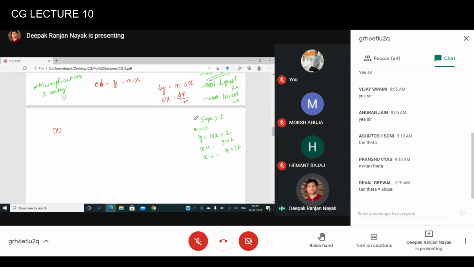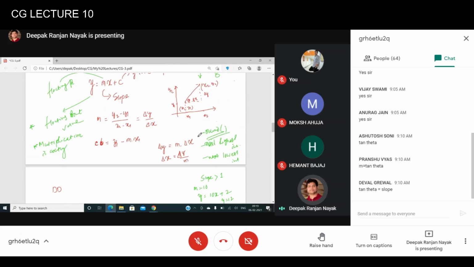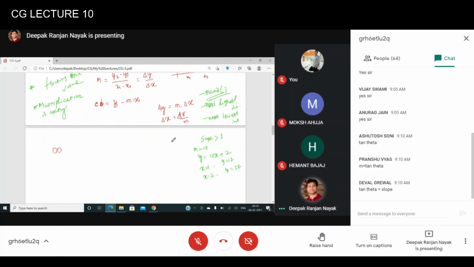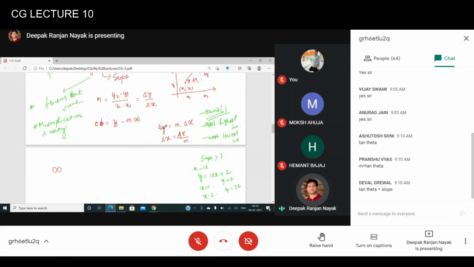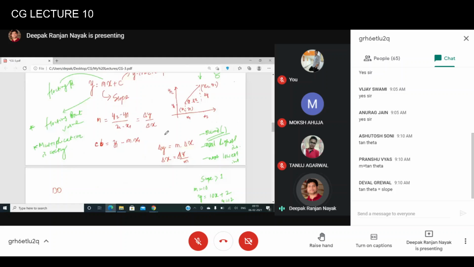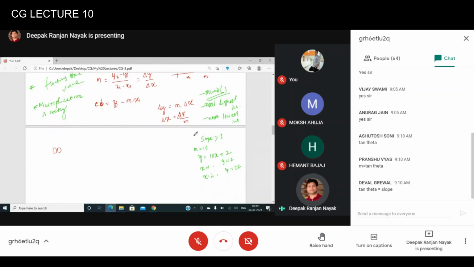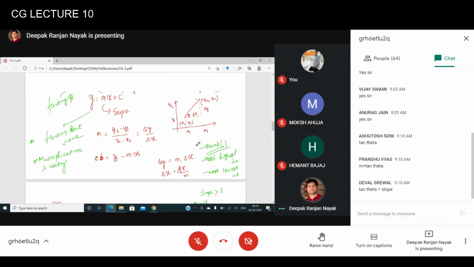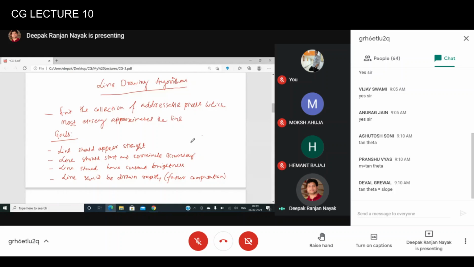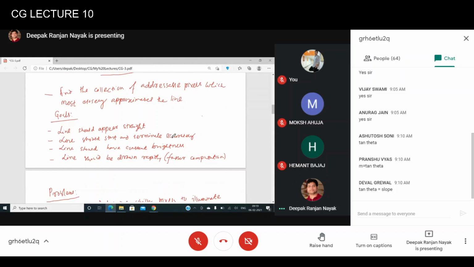So there is another problem in this case of direct calculation: if you find the situation where the slope is much greater than 1, which is, let's say, 10, you will find gaps in between the pixels over the path which is nothing but the line, right? And we have discussed that the line should have constant brightness, if you can remember.